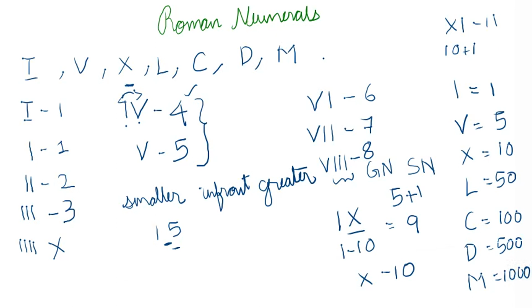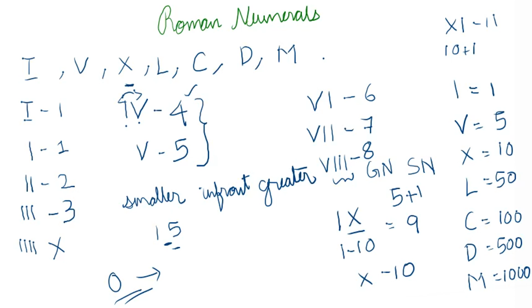Okay, so these are the fundamentals. And one important thing is, in Roman numerals you will be able to represent only natural numbers, which means 0 doesn't have a denotation in Roman numerals.